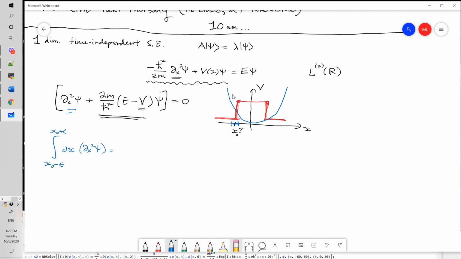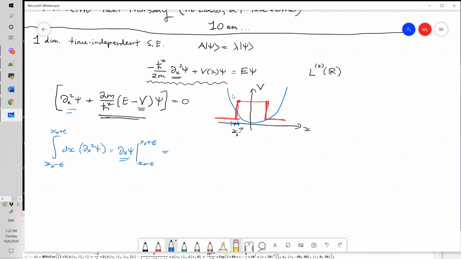The integral kills one of the derivatives, and you get the first derivative evaluated from x0 minus epsilon to x0 plus epsilon. So it's just the difference in the first derivative across that jump.